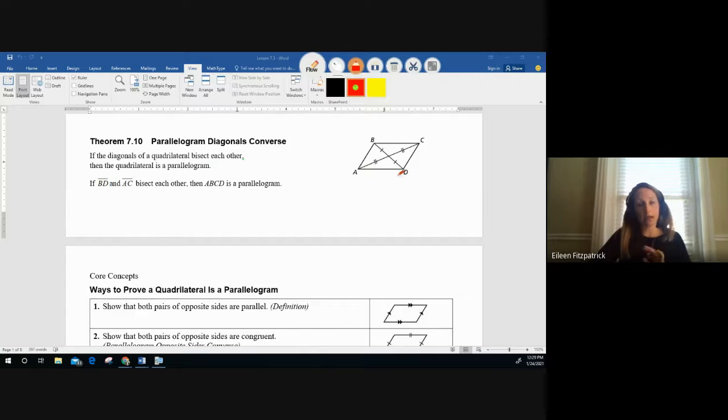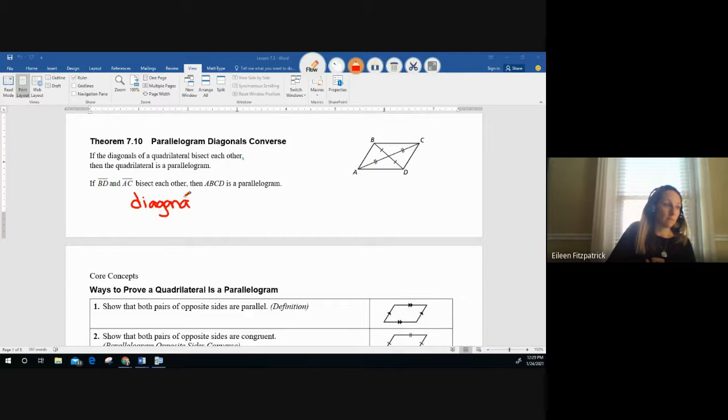And once again, everything I know about parallelograms is now true about this figure. So in a proof situation, I would say diagonals bisect implies parallelogram. Okay. All right. Let me move down.